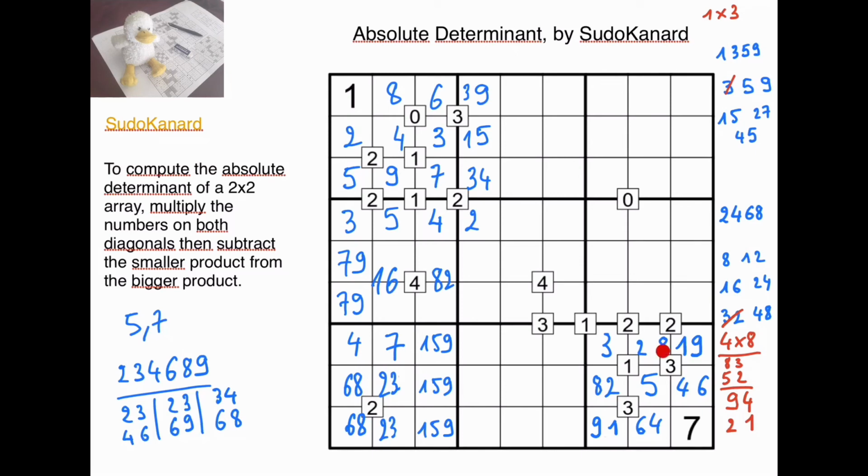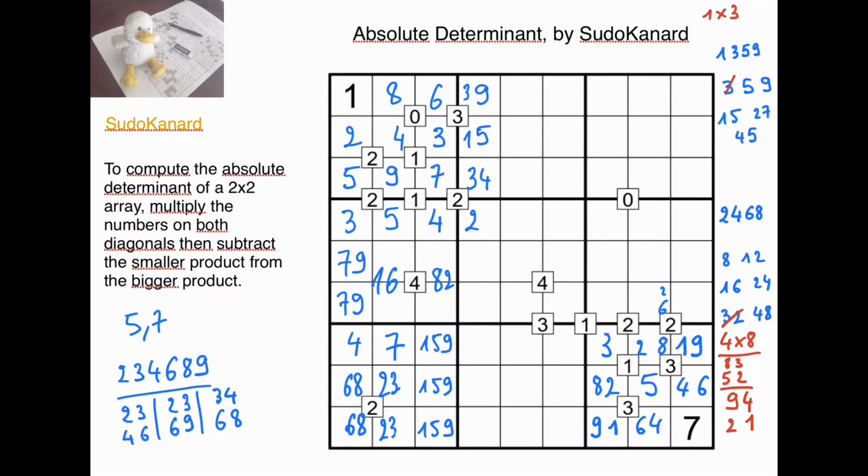Well, this one is even, so this one has to be even as well. So we must put an even digit here, and 8 and 4 are not available. So this can only be 2 or 6. First case, 9 times 2, that's 18. So we need 16 or 20.